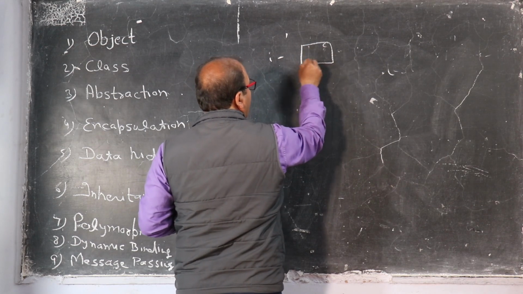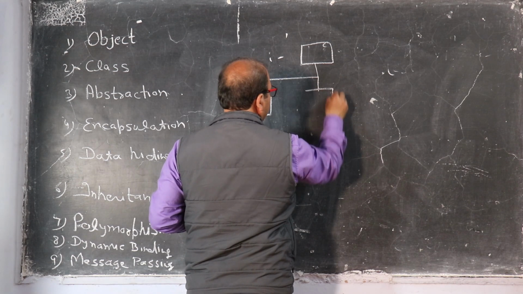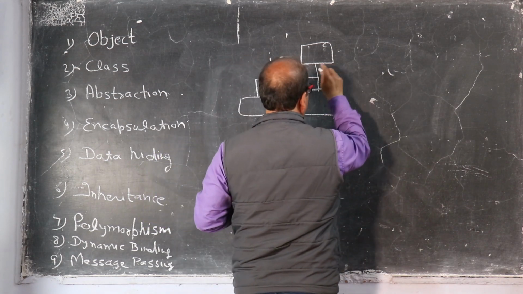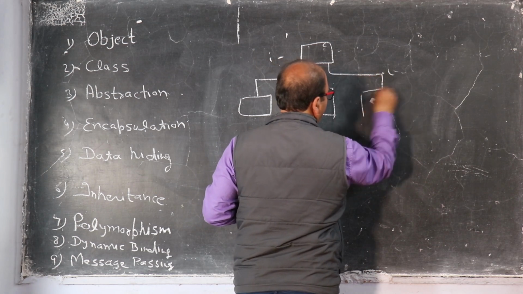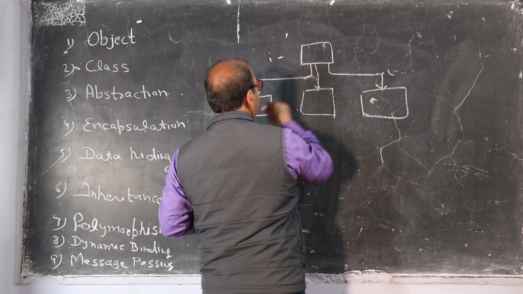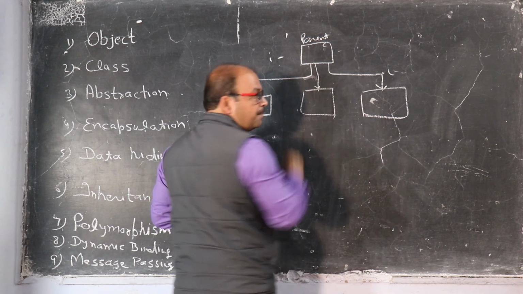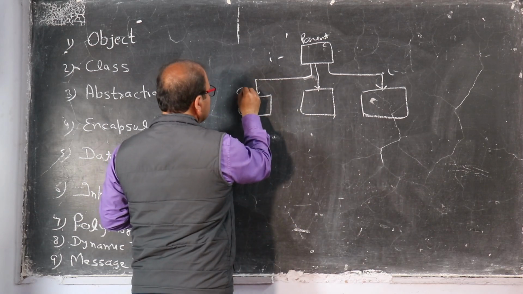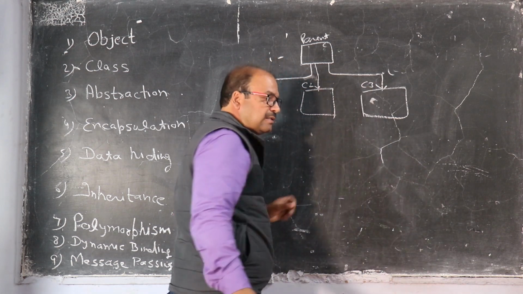Hierarchical inheritance is what? This is class parent and this is child 1, child 2, child 3. These are the classes.